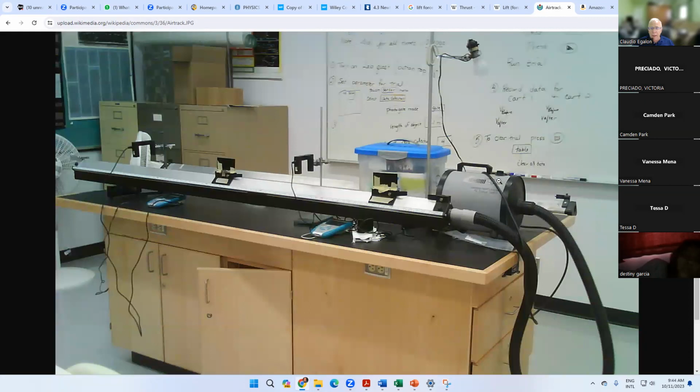Okay. We have an air pump here, connected to this nozzle in the air track. We turn on the pump and air rushes inside this air track. Don't forget this guy is hollow. High pressurized air comes out from the holes in the surface, creating a hovering effect, making this cart hover, lifted.